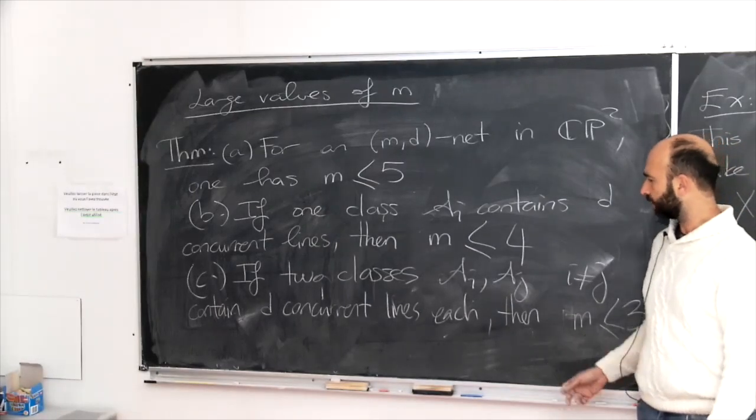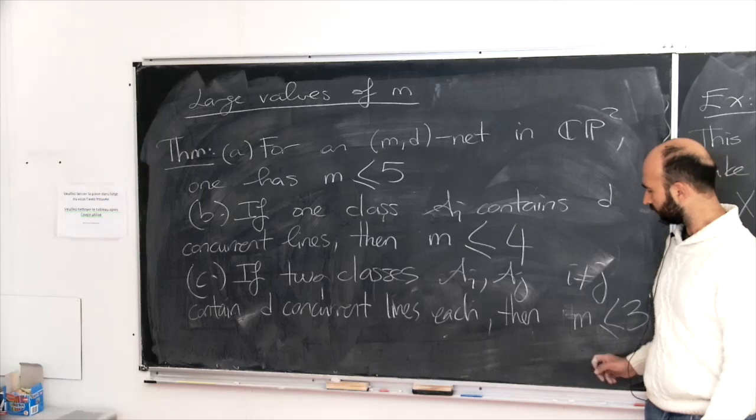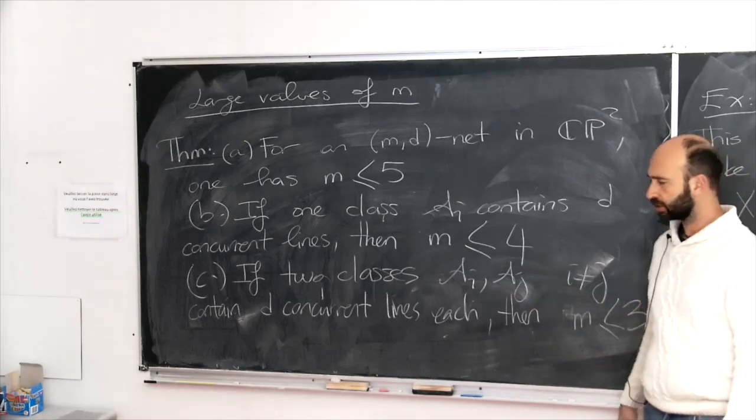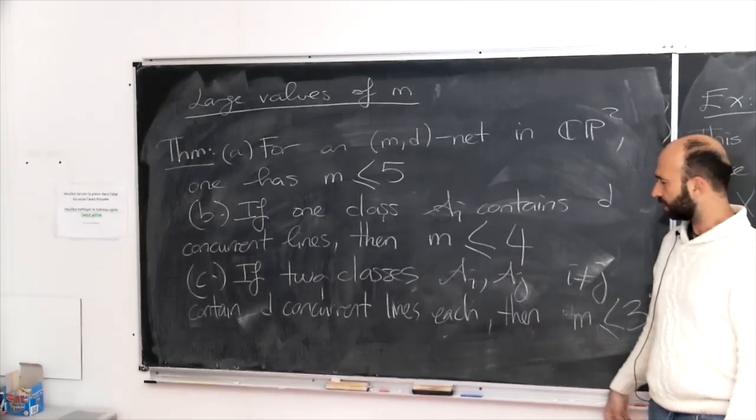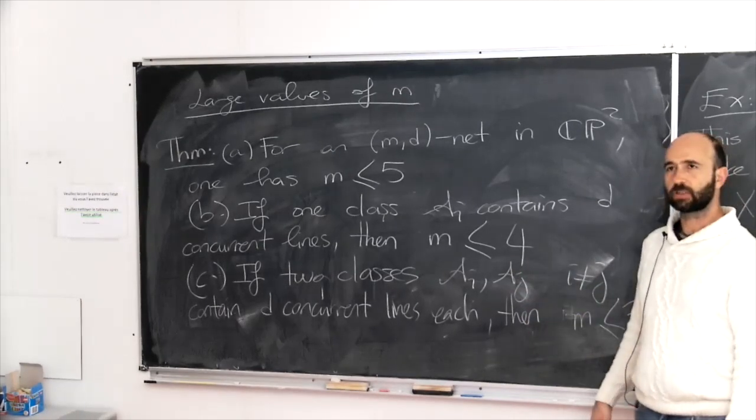Well, in the Fermat example, these 3 classes of lines, these products of lines, did contain 3 sets of concurrent lines, so this is kind of the best possible in this sense.